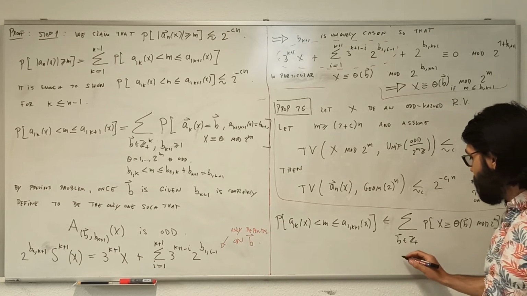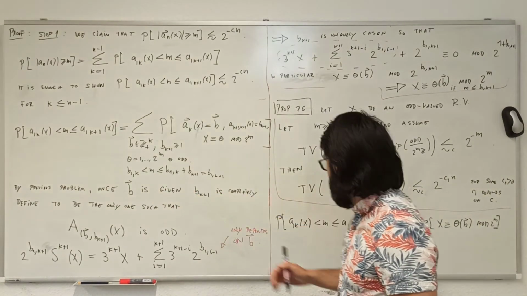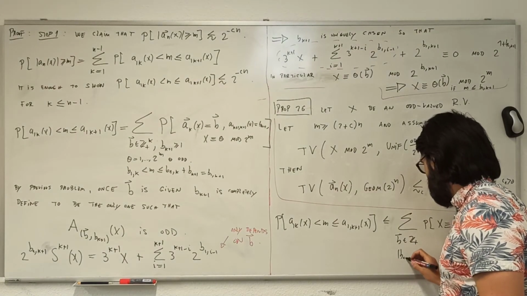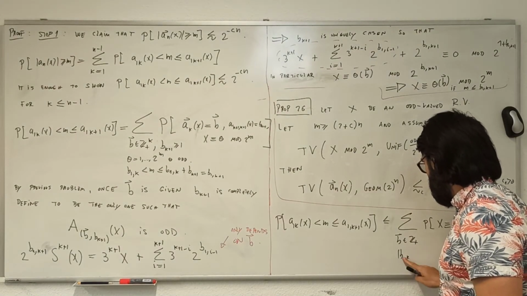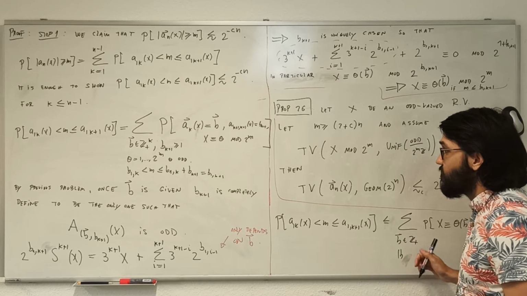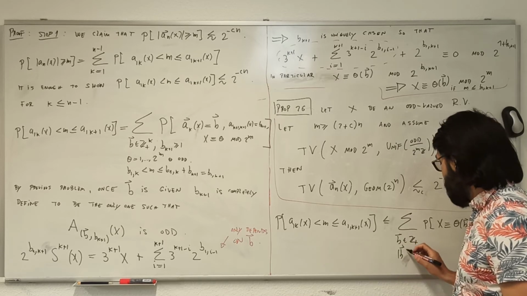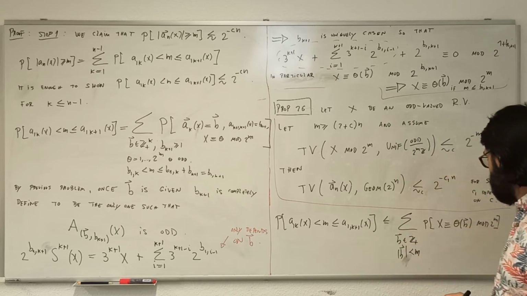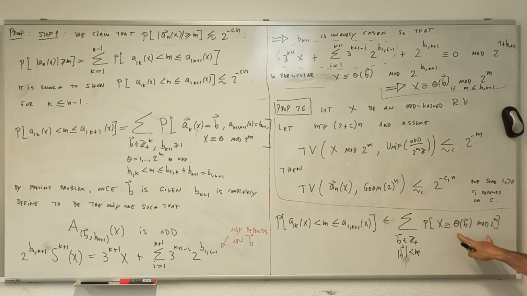And we know that b_1+...+b_k has to be less than m, so let me still use this condition, which is just another statement for the norm of b being less than m.